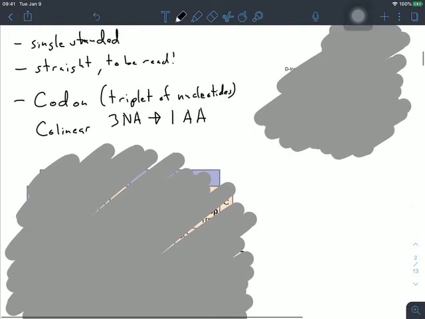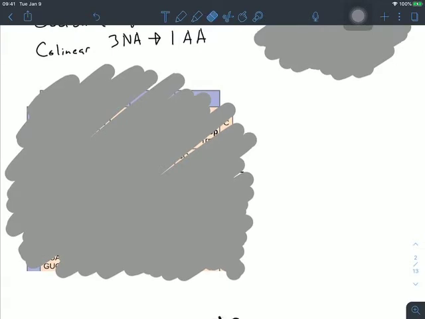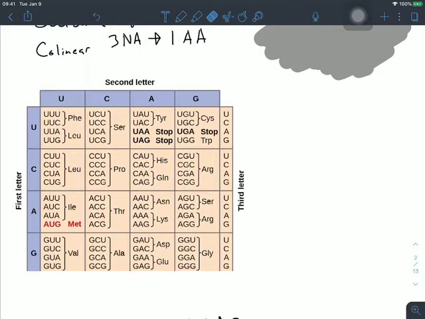In order to do this translation, we have the codon table, as you see here. All possible iterations of all of our nucleotides of RNA, U for uracil, C for cytosine, A for adenine, and G for guanine. And because it's in 3 letters, we see the first letter on the left, the second letter on the top, and then the third letter dividing each of our boxes into 4 different parts.